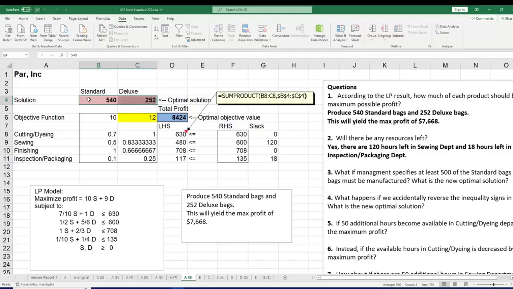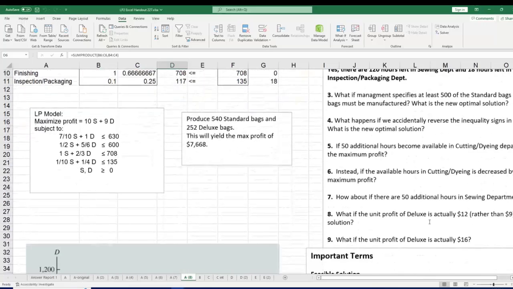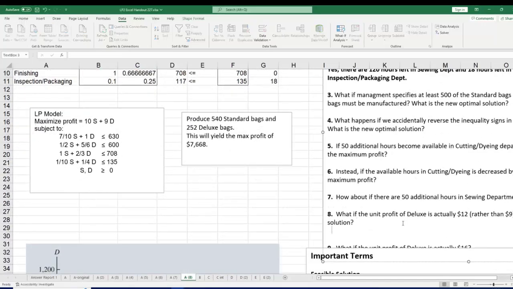Of course, profit changes because instead of $9, we're making $12 per unit. So the profit will change, but the optimal solution itself doesn't change. So here we would say no change in solution, though the total profit increases.